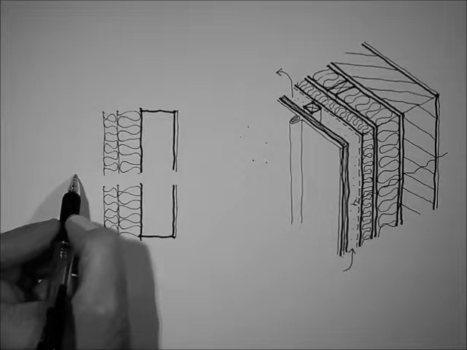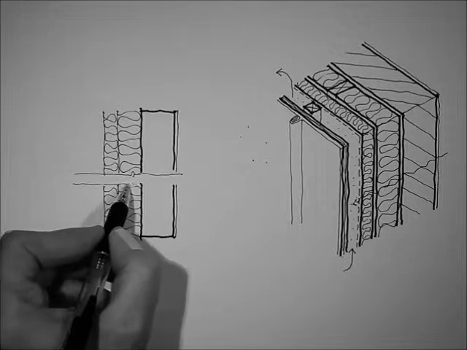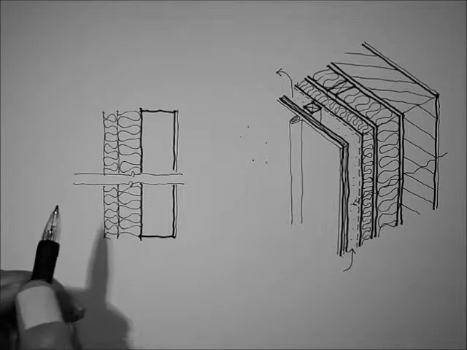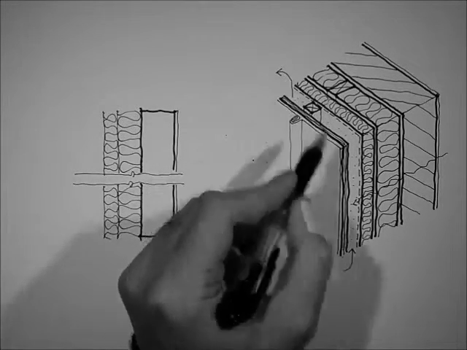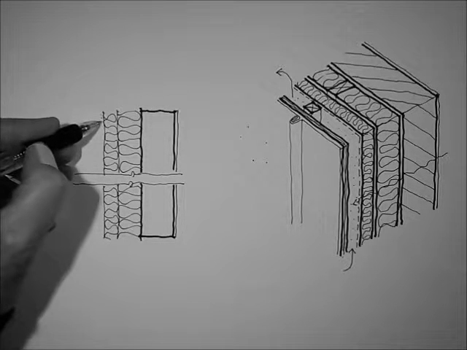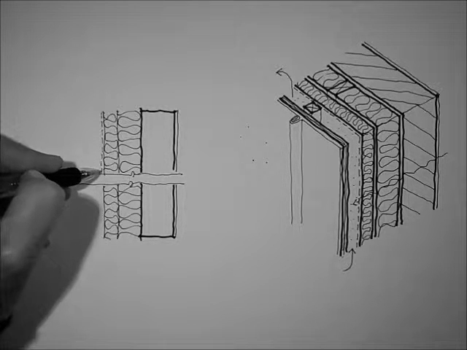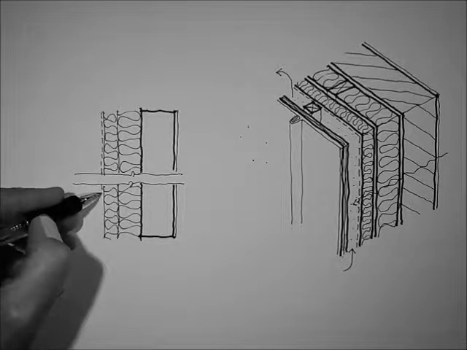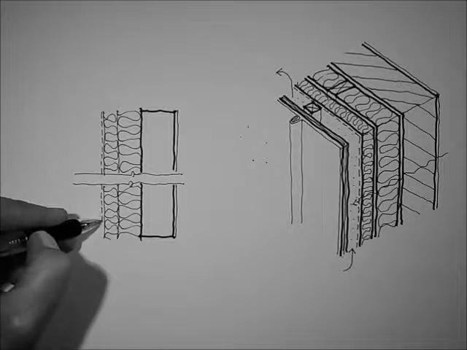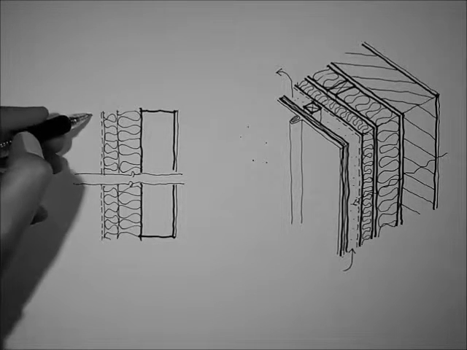And I'm intentionally drawing a break in the construction here so that I can show you the ventilation at the top and bottom. Because there's masonry on the inside of this insulation, a vapour barrier is not required, but a breather membrane is.